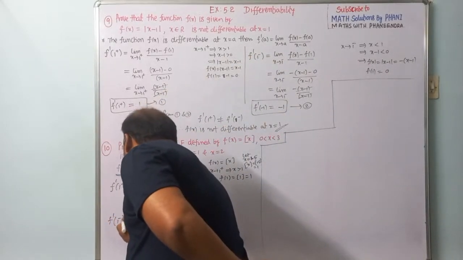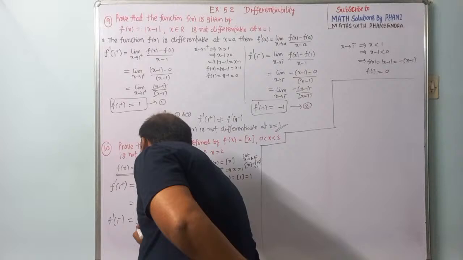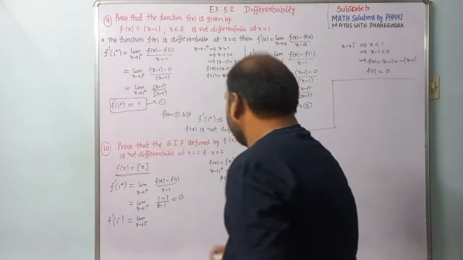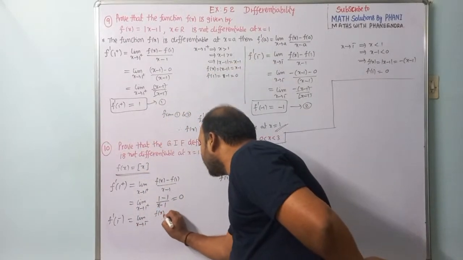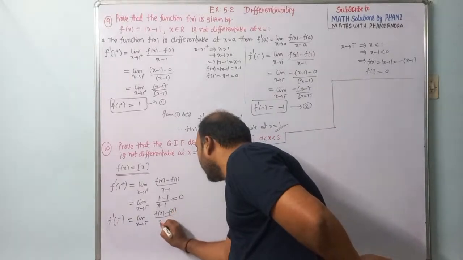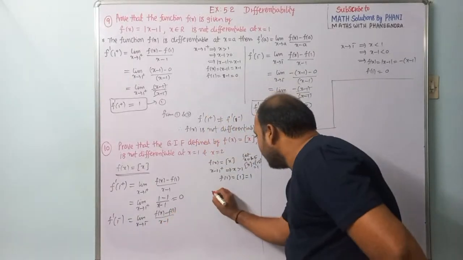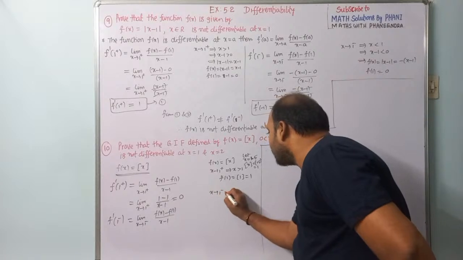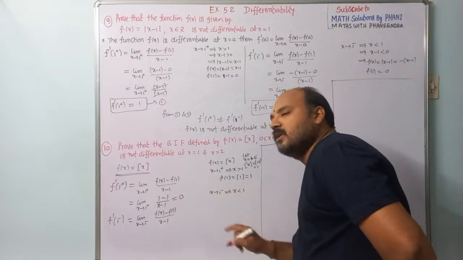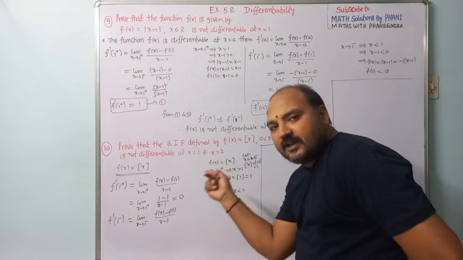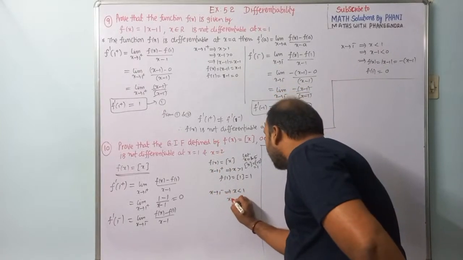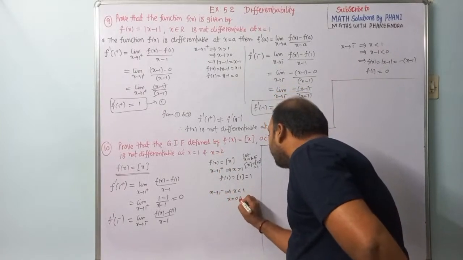Next, f dash of 1 minus is limit x tends to 1 minus, f of x minus f of 1 divided by x minus 1. See, x tends to 1 minus, that implies that x is less than 1. x is less than 1 means x is greater than 0 and less than 1. So I am taking x as 0.5.